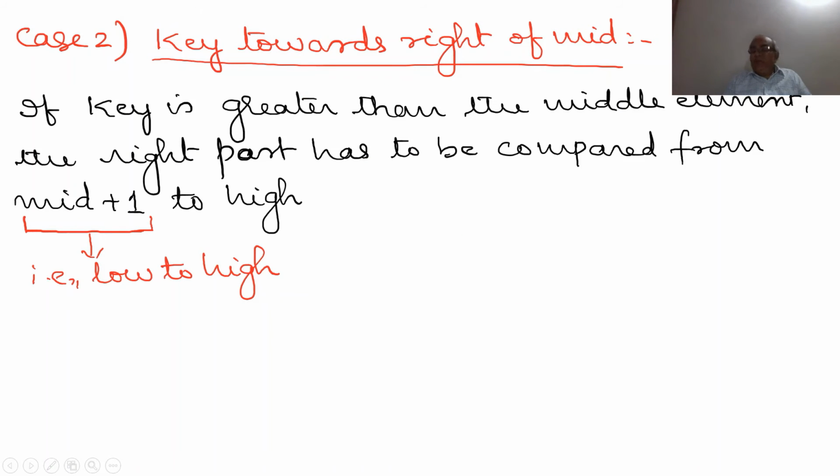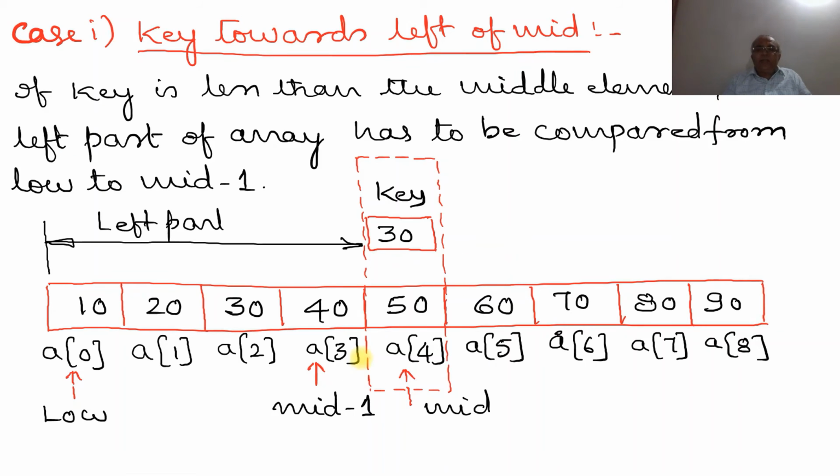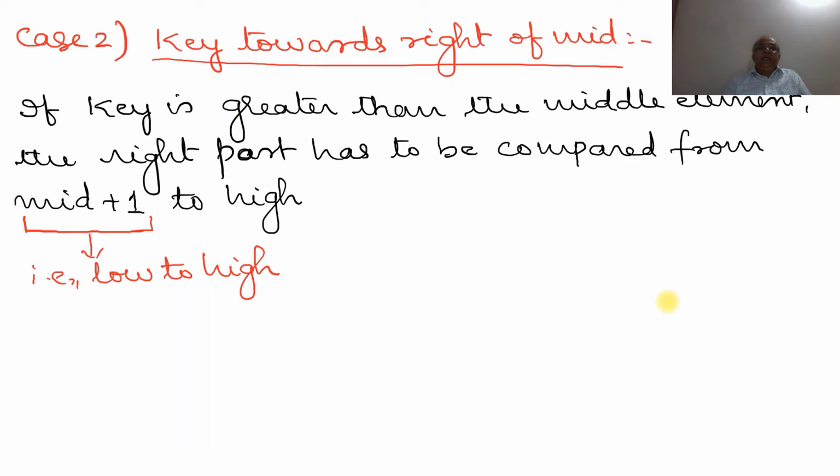If the key is towards the right of mid, suppose I consider 80 as the element, for example. In that case, the key is greater than the middle element. The right part has to be compared from mid plus 1 to high. So low will become mid plus 1 and high will remain a of 8.